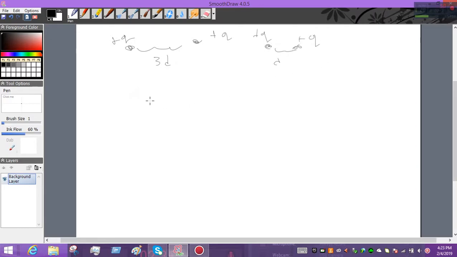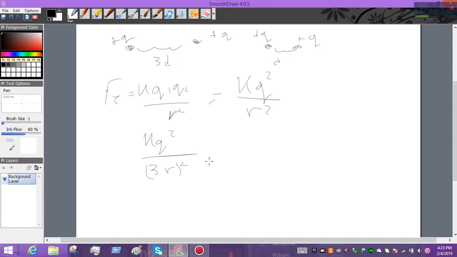If we use our equation, Fe equals k Q1 Q2 over r squared, the original electric force equals kQ squared over r squared, since both charges are the same. After it's moved to a distance of 3r, it's kQ squared over the quantity 3r squared, which is equal to kQ squared over 9r squared.